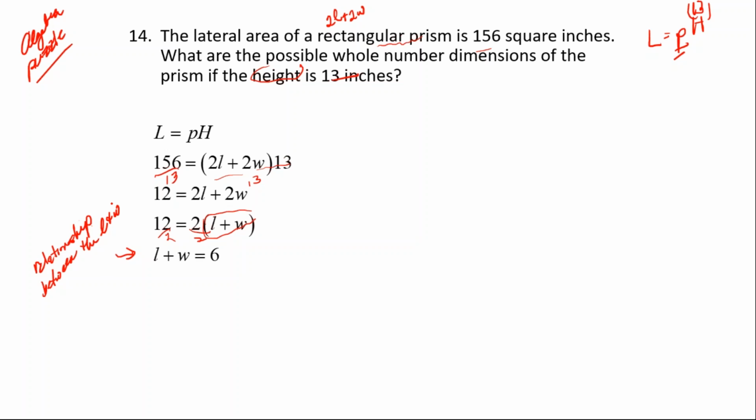So they're looking for whole numbers. Well, whole numbers by definition are 0, 1, 2, 3, and so on. They're looking for possible ones. It didn't say all of them. If I put in 0, first of all, I can't have a side with a length of 0.